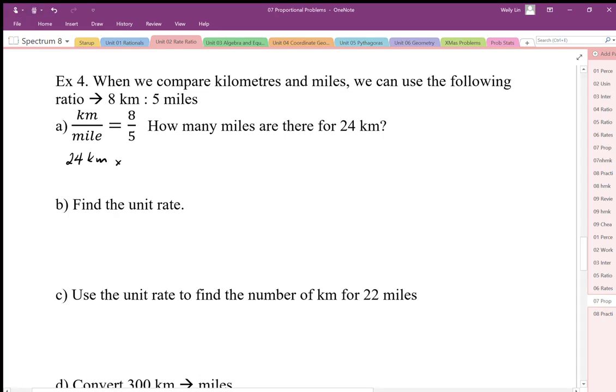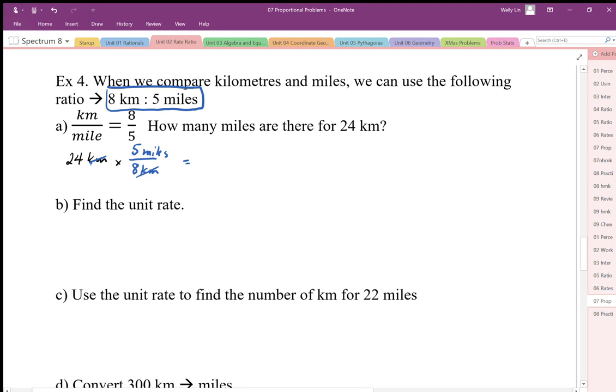It's important we know this rate. To do this properly, I need to cancel kilometers, so I need to show this ratio with the kilometers on the bottom, miles on the top. The kilometers will cancel out, and I end up with 24 times 5 divided by 8.